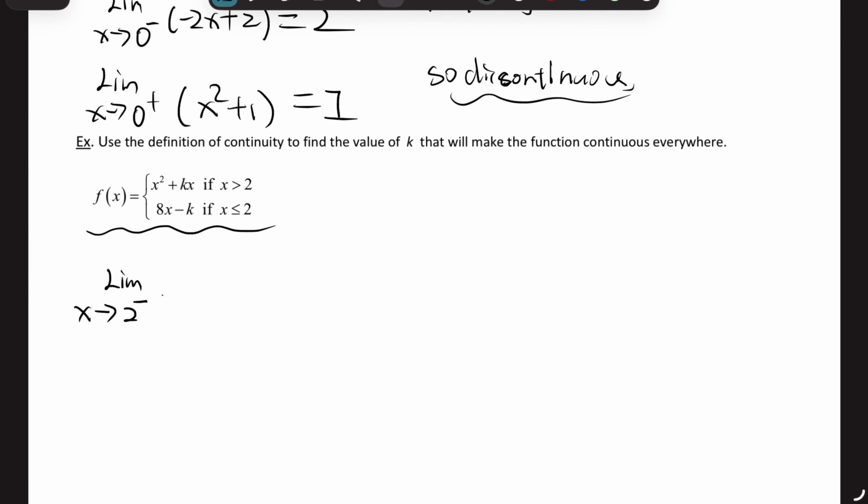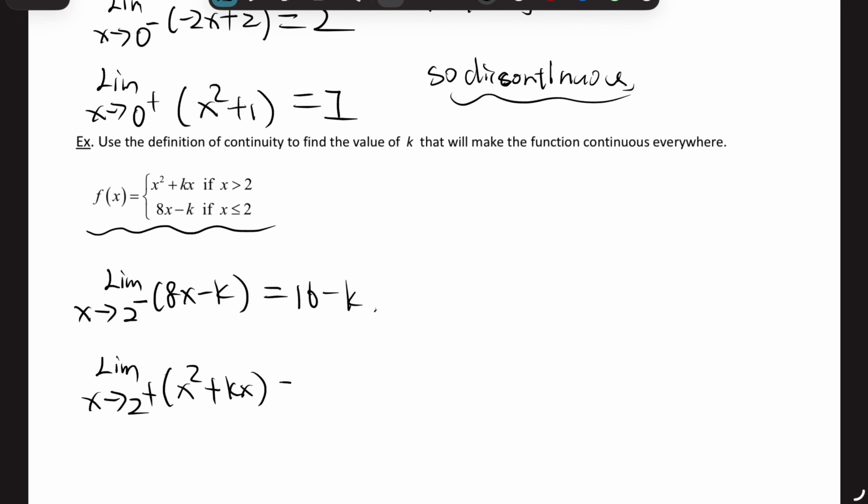Since it's smaller than this, we have ax minus k. This will give us a value of 16 minus k. Our right limit, x approaching 2 plus, since approaching from the right, we have to use x squared plus kx. This will give us a value of 4 plus 2k.